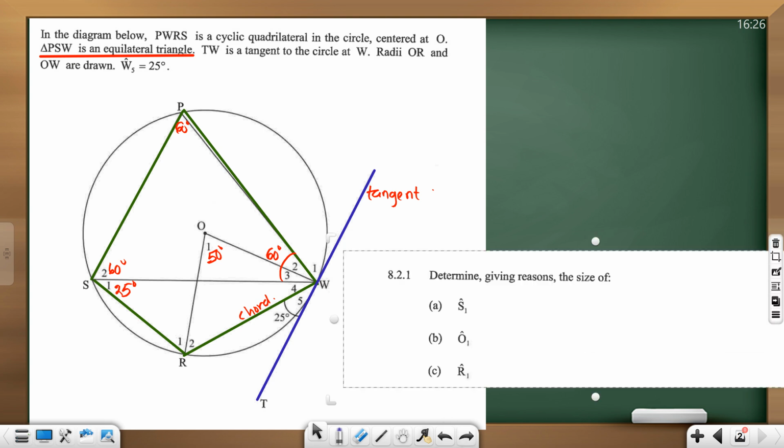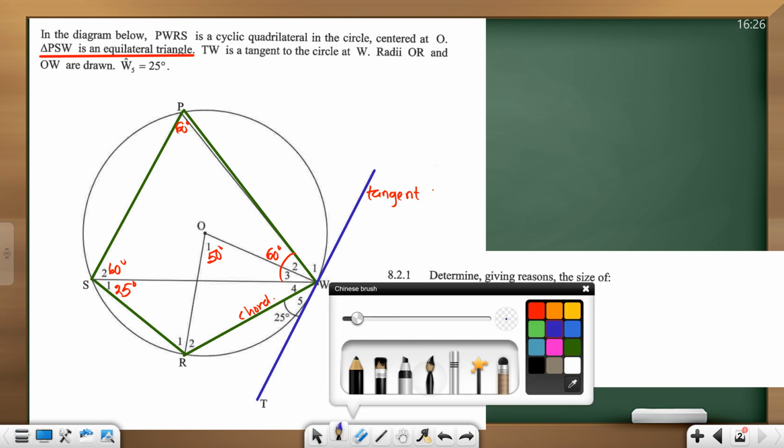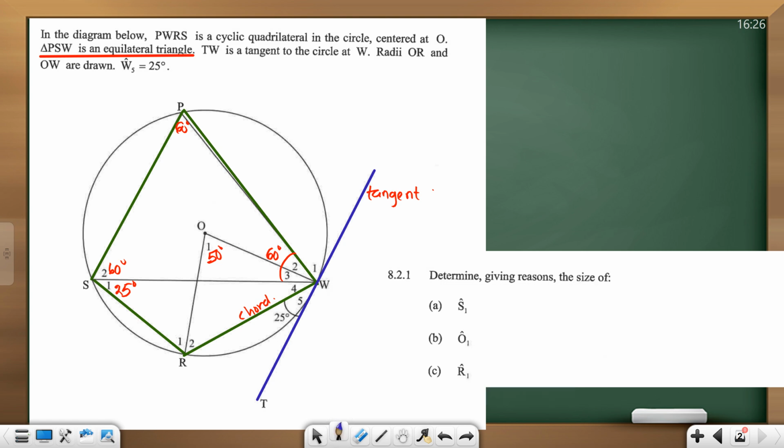Do you notice that we already have S1, 25, tan chord? Do you notice we have O1, angle at center? We are done. Before we even read the question, tan chord there, 25, angle at center, you would complete all of that. Angle at circumference, we're done.